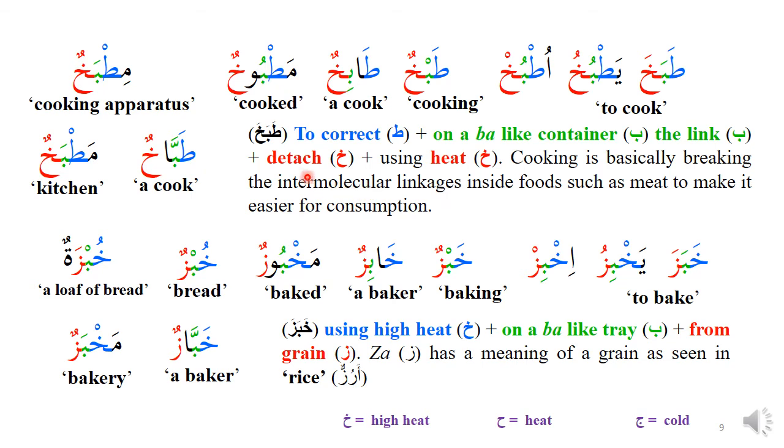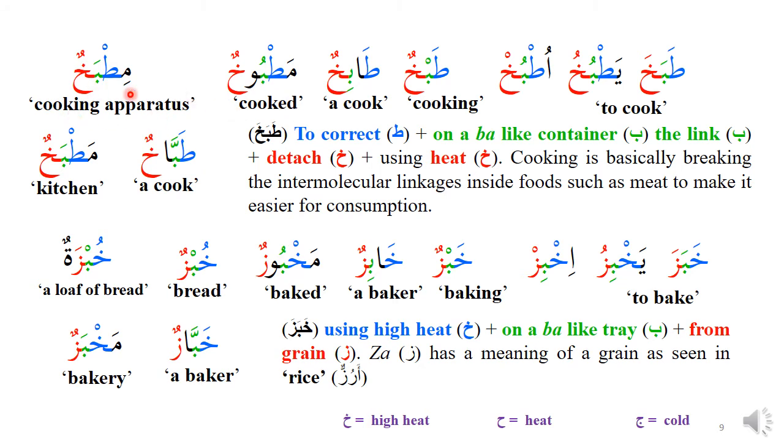And then the kha is not only detach, it's also related to high heat, as you see. So using high heat, you cook something, right? But notice that it is on the last letter, so it's not that high heat. Maybe you are cooking in water, which is up to 100 degrees, right? All right. And tabkhun and matbukh means cooked, right?